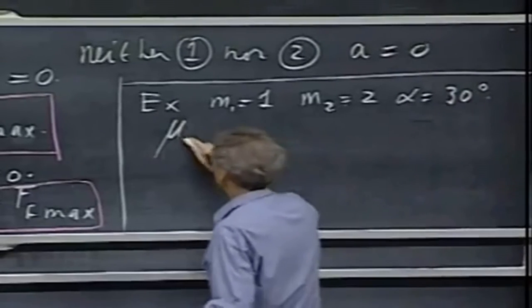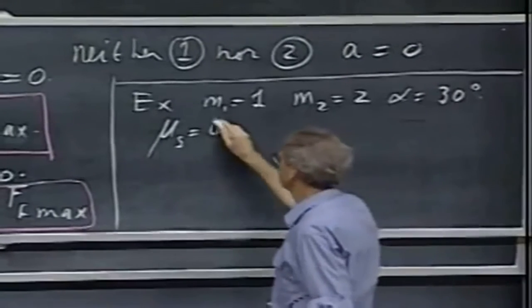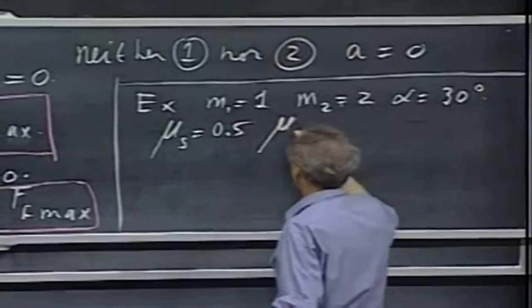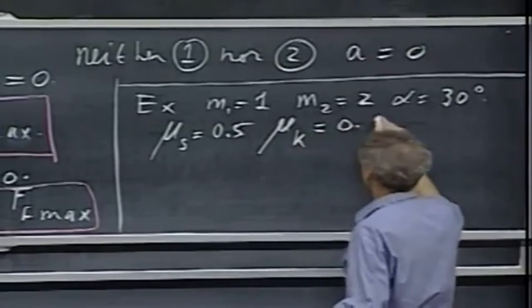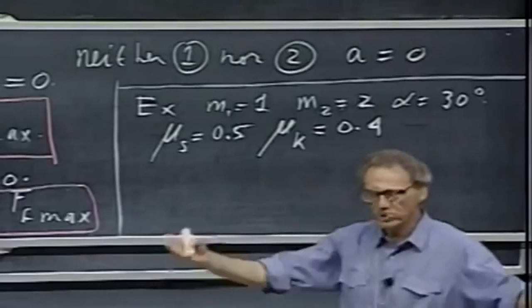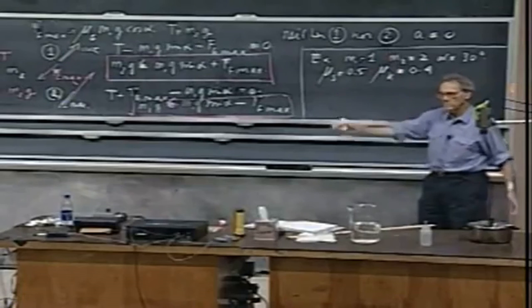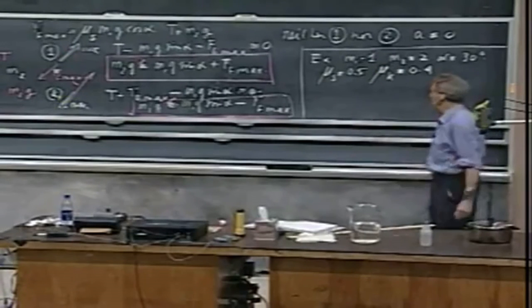I take a static friction coefficient, which is 0.5, and I take a kinetic friction coefficient, which is a little less, which is 0.4. The question is now, is it going to accelerate uphill, or accelerate downhill, or no acceleration at all?